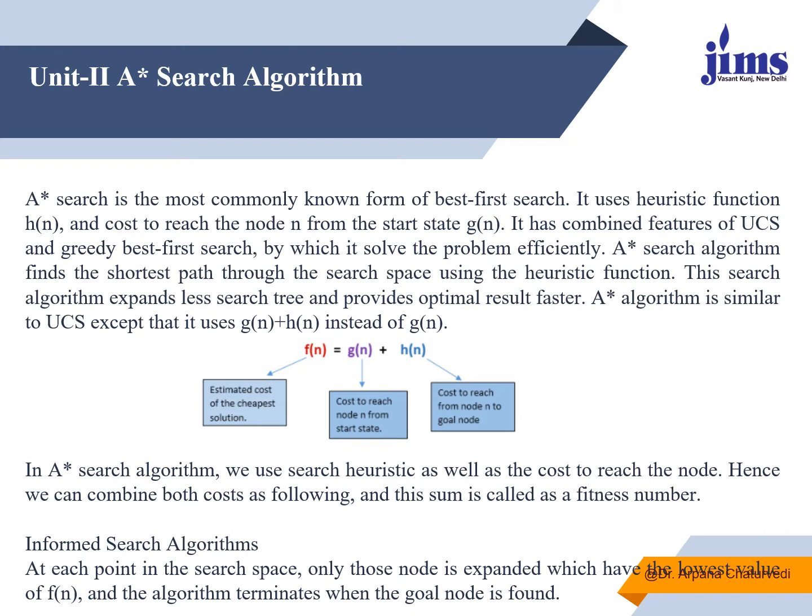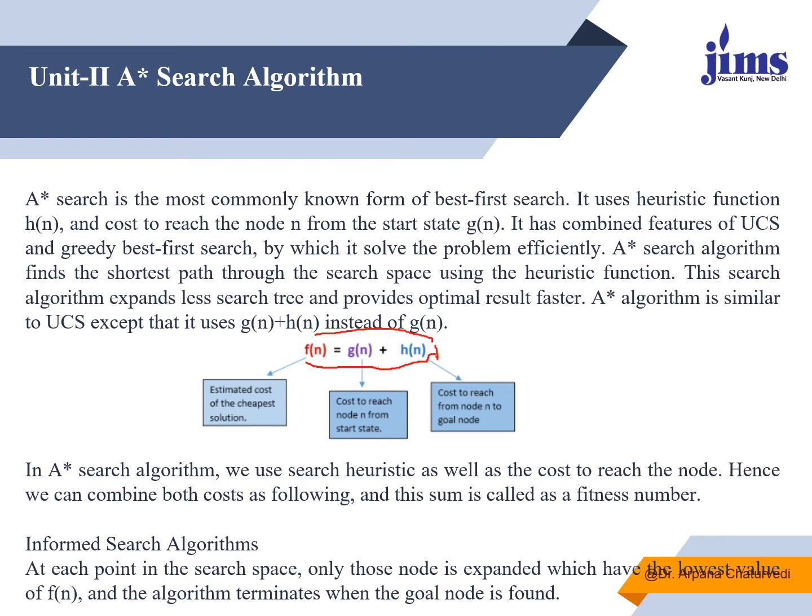The A star search algorithm finds the shortest path through the search space using the heuristic function. This search algorithm expands a smaller search tree and provides the optimal result faster. A star is similar to uniform cost search except that it uses the formula f(n) = g(n) + h(n).